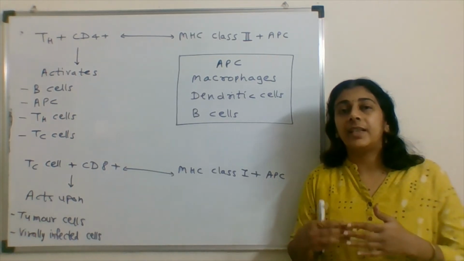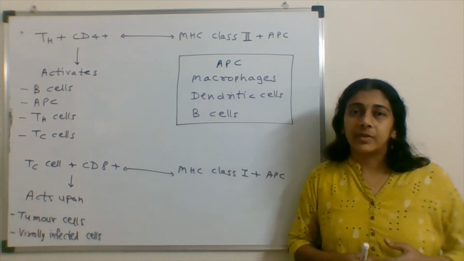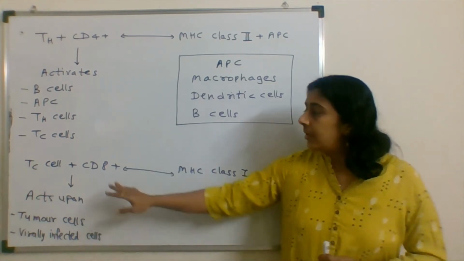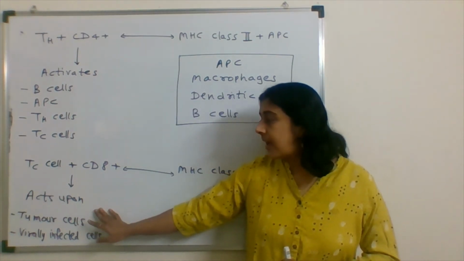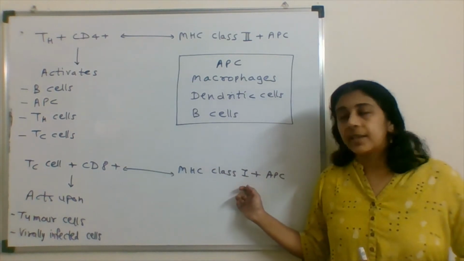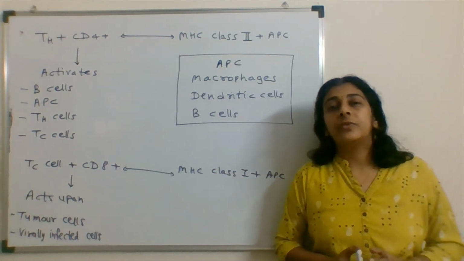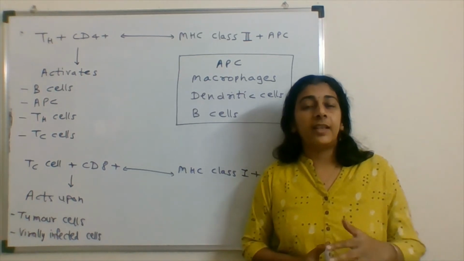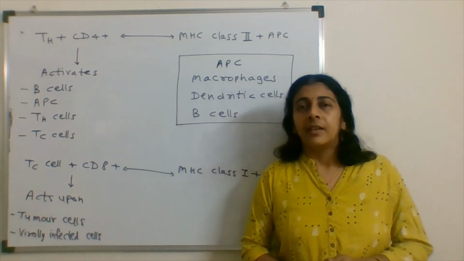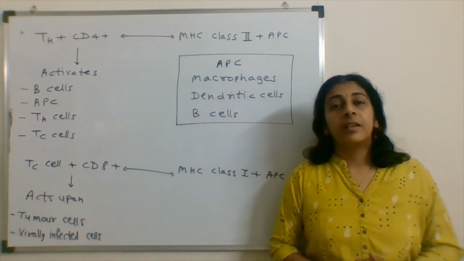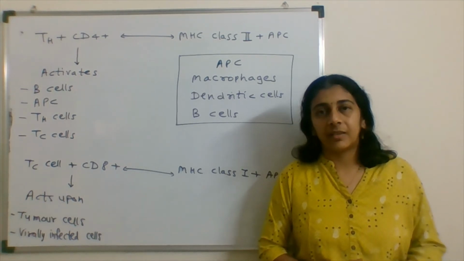So using CD8 and MHC class 1, this recognition is possible. Now this T cytotoxic cell gets activated and acts upon these tumor cells or virally infected cells. So the action of T cytotoxic cell is direct, it performs cytotoxic activity by itself. And in case of T helper cell, it helps other lineages of the immune system to get activated.